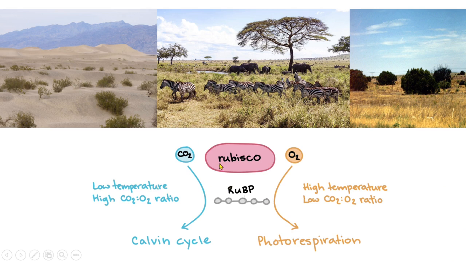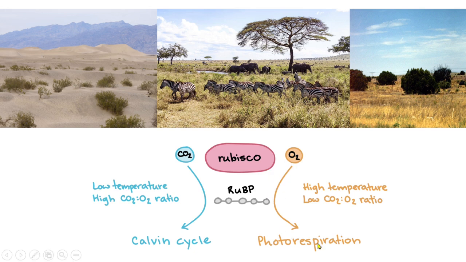Please do take note that Rubisco is an enzyme that has an affinity to both carbon dioxide and oxygen, but depending on the concentration, it will bind to either carbon dioxide or oxygen.